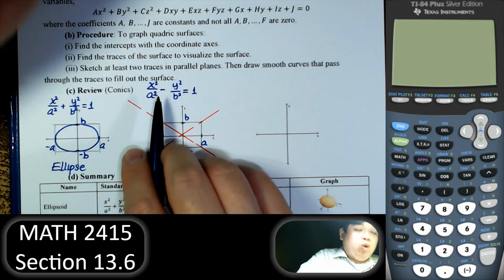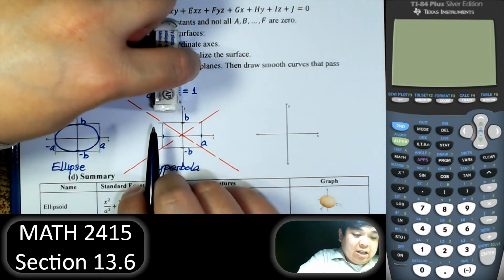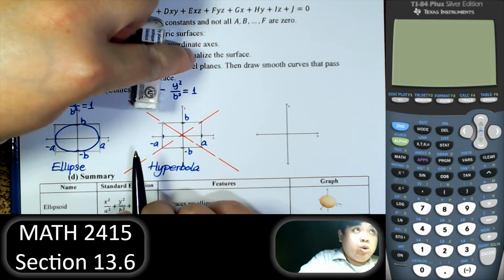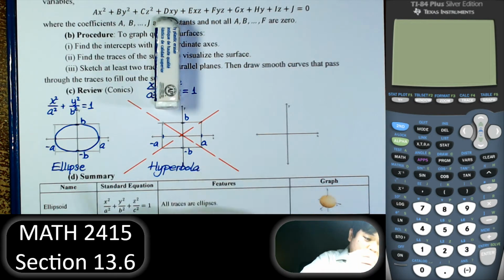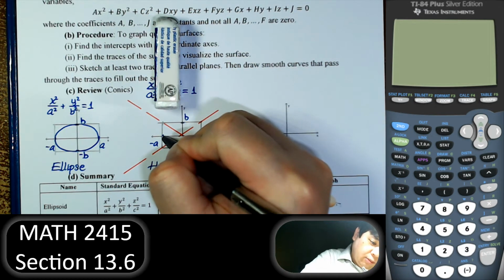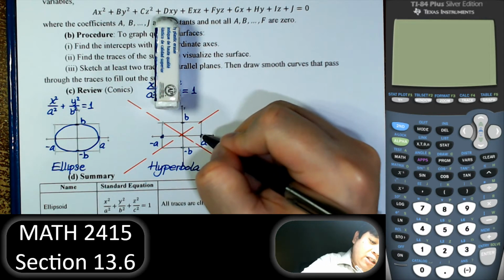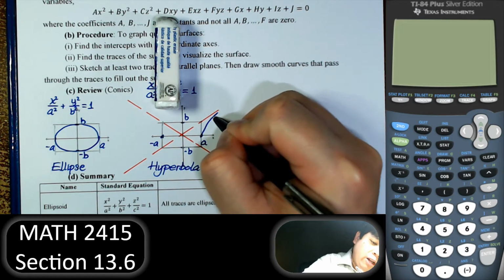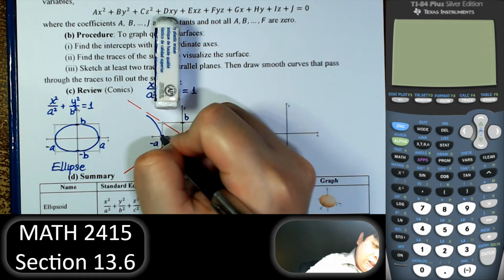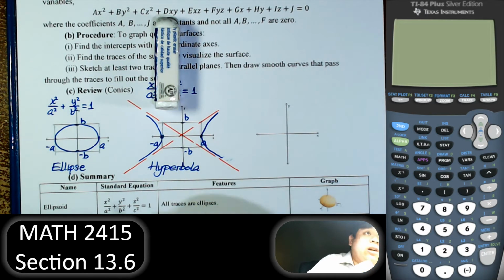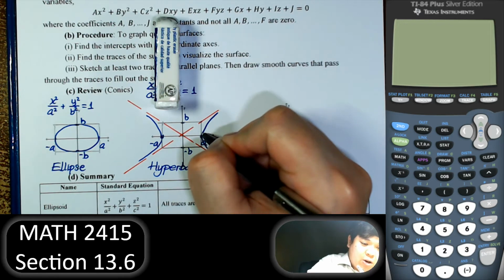And then remember, go back to this equation. If x equals 0, we have no solution. If y equals 0, we have x equal to negative a and a. So this way, we only have the x-intercepts. So we will make a graph. So this is the graph of the hyperbola.